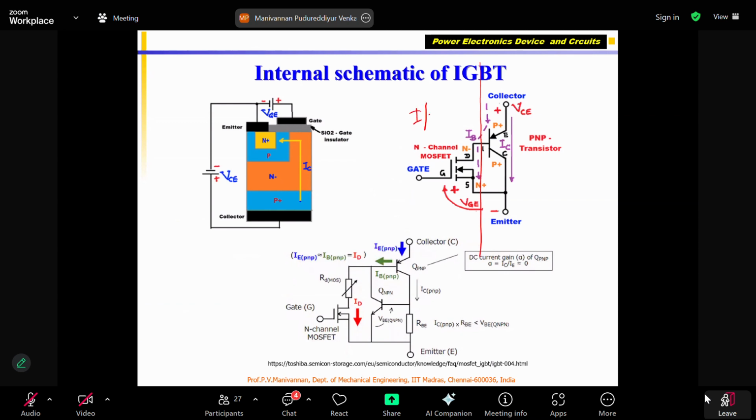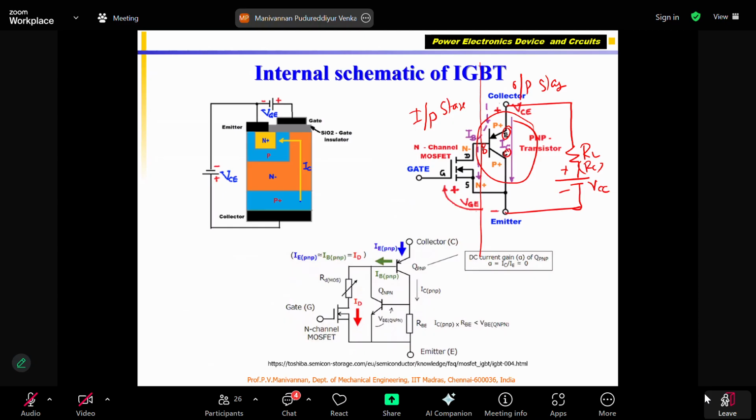This is my input stage. This is my output stage. Output stage consists of the transistor with base, emitter, collector, and I'll be connecting my load like this. This is my load resistance RL or RC connected between the collector and the emitter through the power supply. What is this power supply? For a transistor, we say VCC.